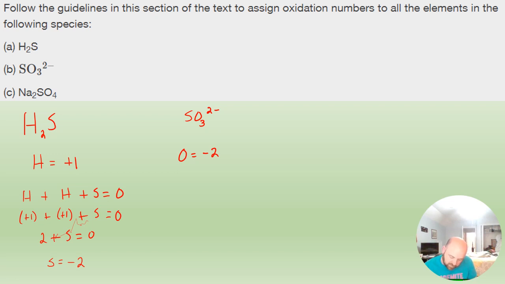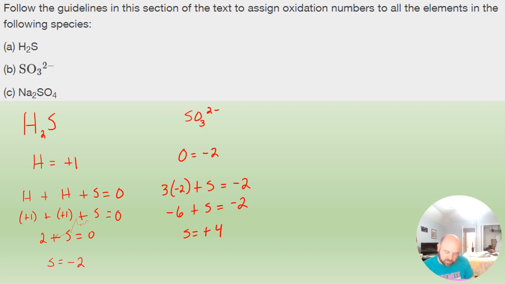Since we have 3 oxygen atoms, each with a -2 charge, plus the sulfur atom, we should reach a total of -2. -6 is the total of the oxygen oxidation states, plus whatever oxidation state sulfur happens to be, should equal -2, which means sulfur has to have an oxidation state of +4 in the sulfite anion.